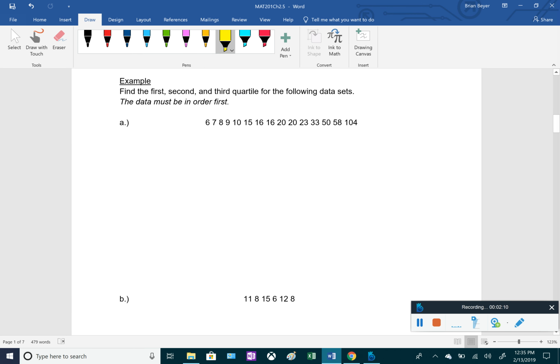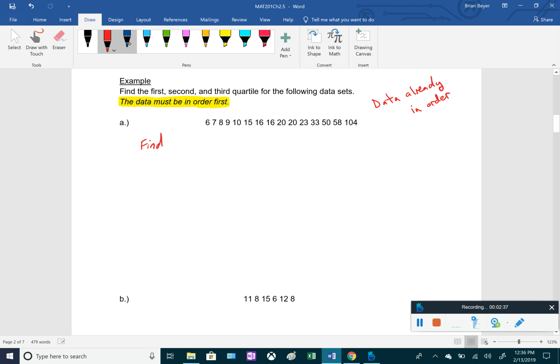Okay, so let's actually do an example here. Let's find the first, second, and third quartile for the following data sets. So the data has to be in order. The first one looks like the data is already in order. So the first thing we have to do is find the second quartile first.